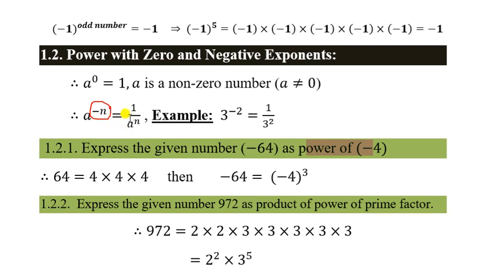That's why I wrote, see, 1 by a to the power n. Similarly, 3 to the power minus 2 is equal to 1 by 3 to the power 2. Just write the reciprocal form. Clear? Okay.